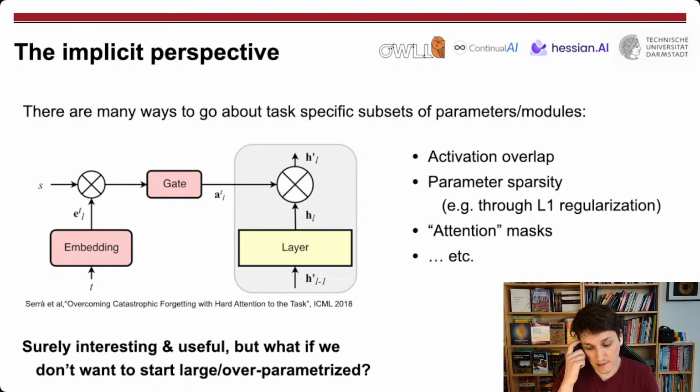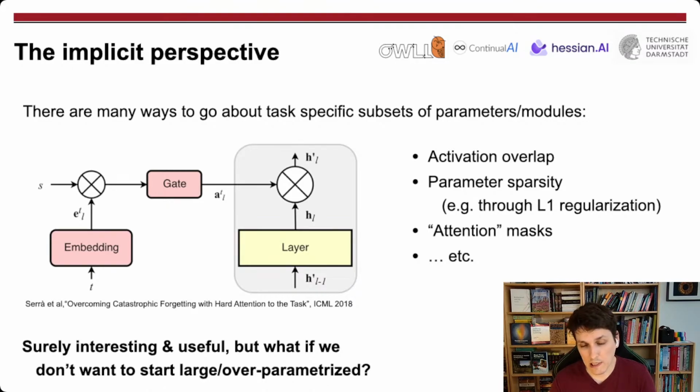So what this is basically saying is that in order for this to work, in order to be able to identify these subpaths that then leave enough paths open for a new task, we'll need to also somehow gauge where to start. And surely we might be able to start with a very large model and then just assume this is practical. But sometimes, what if we don't want to do this?